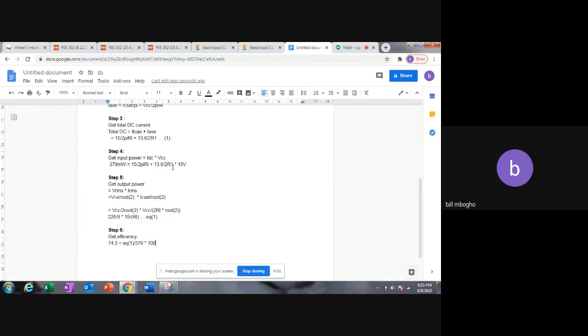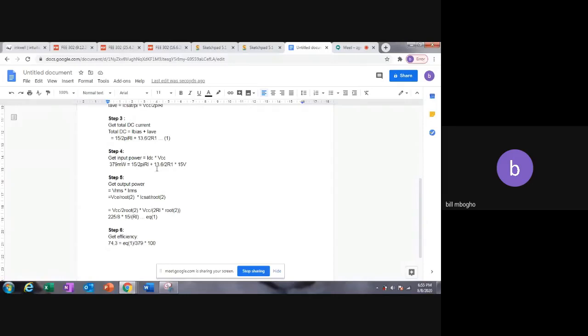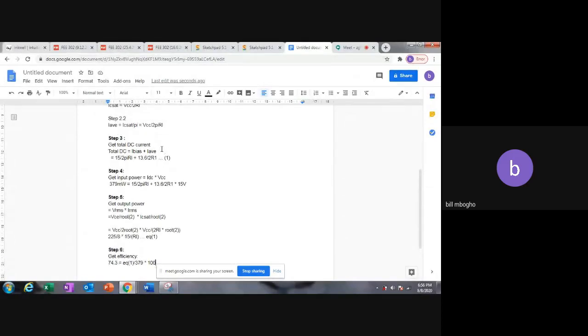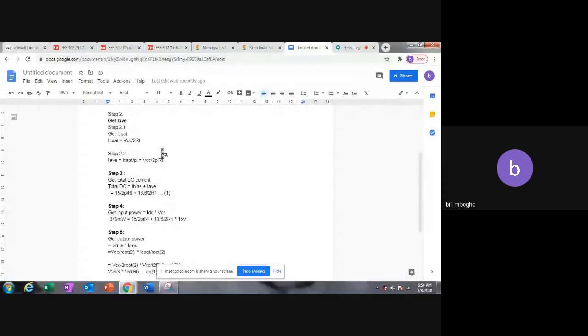So we can write R1 in terms of RL. I just need to check whether I haven't done anything else wrong.